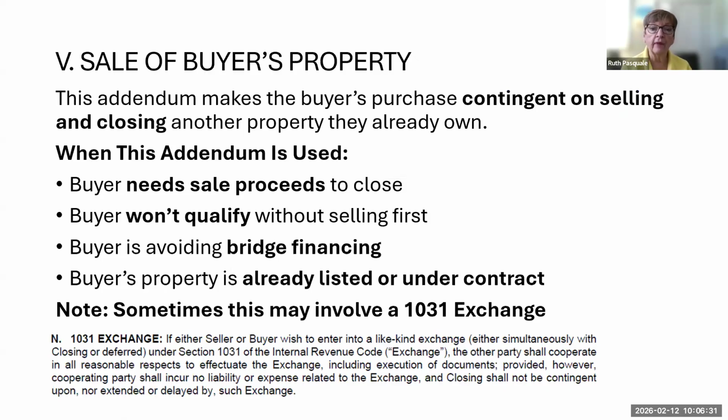That's what has to happen. And they need to take the funds from that sale to apply to the contract that we're talking about. Happens all the time. I have a few of them right now that we're dealing with. So the buyer needs the sale to close because they need the proceeds from that sale to purchase this one.